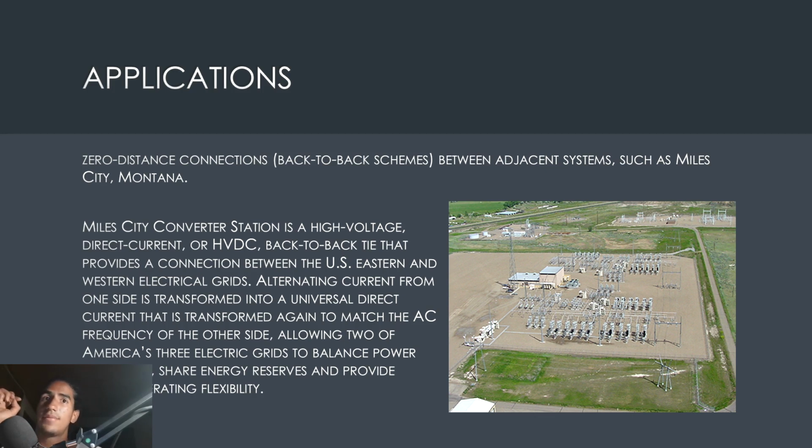Alternating current from one side is transformed into direct current, which is then transformed again to match the AC frequency to the other side. So basically what I said about Japan before is being used here in the US, allowing two of America's three electric grids to balance power resources, share energy reserves, and provide system operating flexibility.